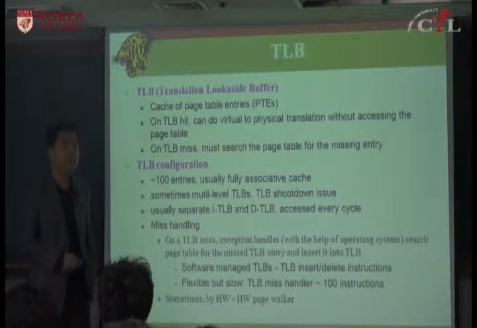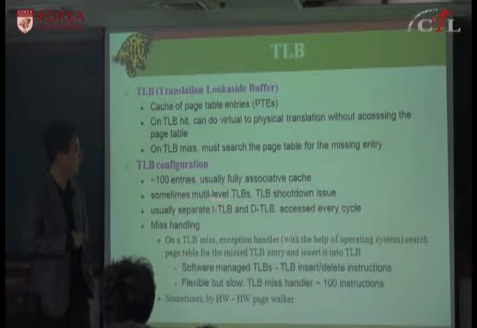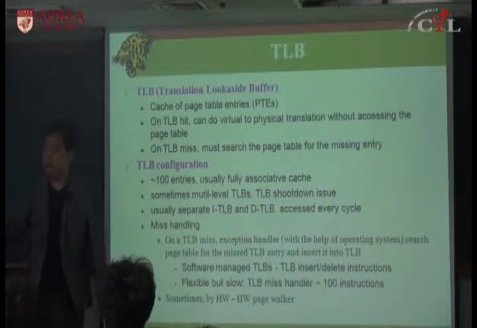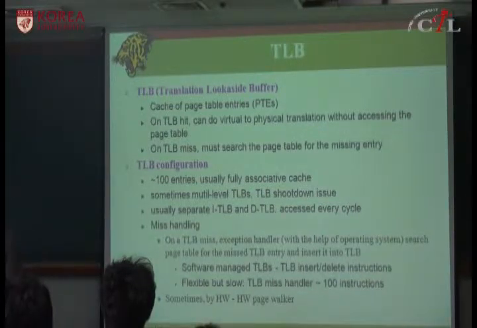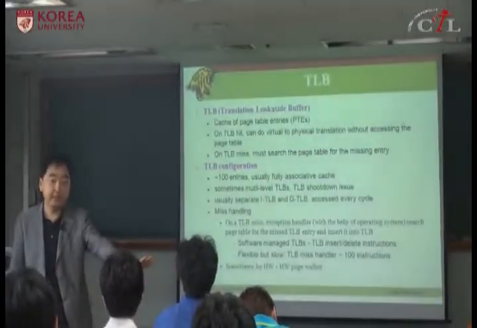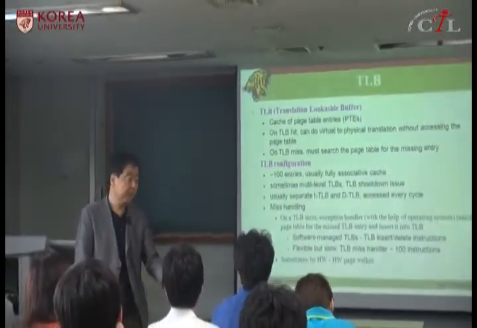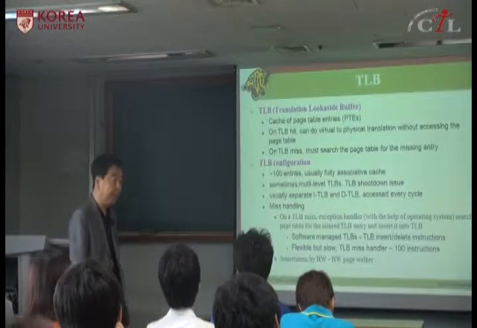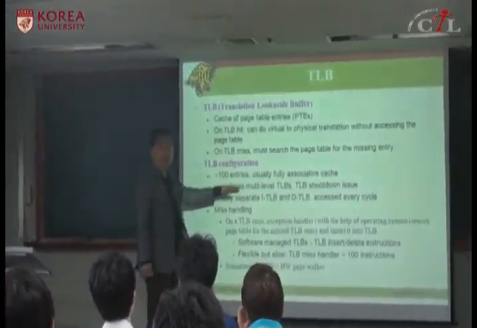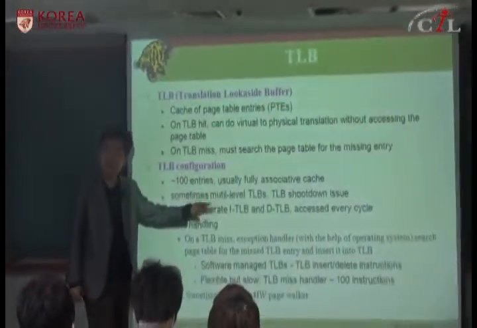Okay? And same as the cache, it's also multi-level TLB. So you have the instruction TLB at the first level, data TLB, and it's backed up by a second level TLB, which can contain both instruction or data page table entries. Okay? It's similar to cache design. So you can have multi-level TLB, first level, second level, or third level also.